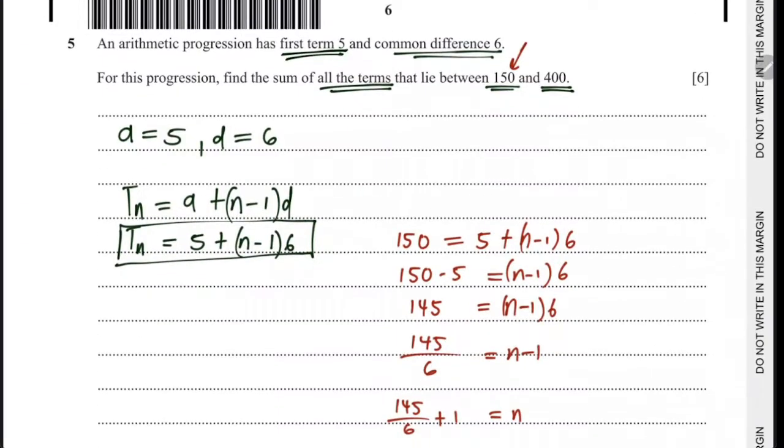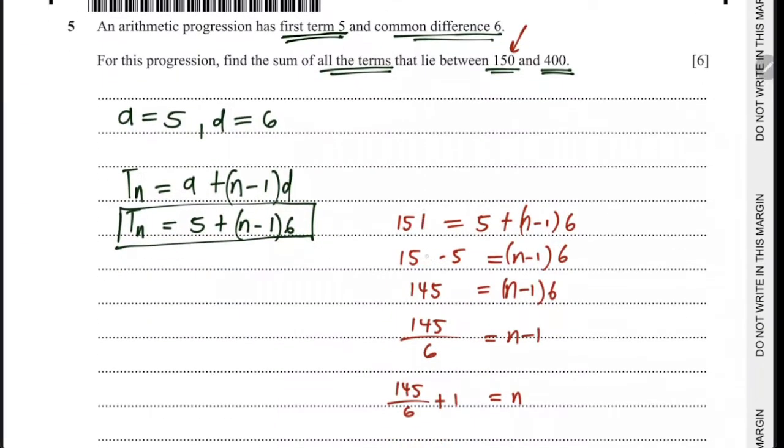Let's try 151 in this progression. If we put 151, this becomes 146. What is 146 over 6? So it's not again. Let's try 152, which means this would be 147. What's 147 over 6? 49 over 2, which is again not. So let's try 153, which makes this 148.